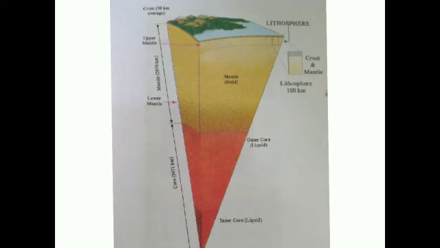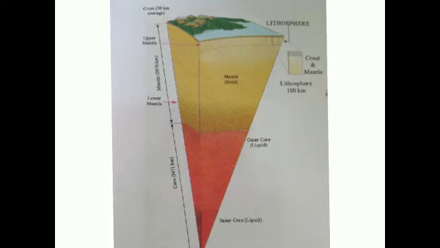Okay, because it is having a lot of pressure, so the inner core is in solid state, and the temperature here is almost equivalent to temperature of the sun. So temperature in the inner core is same as sun. Okay, so inner core is also explained, and it is all. Now I hope you all have understood what is inner core.